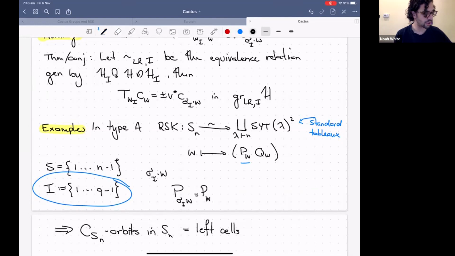It's just the P symbol of w. And the Q symbol of this is not quite the Q symbol of w. That would just give you something trivial. It changes the Q symbol by something called the Schützenberger involution.